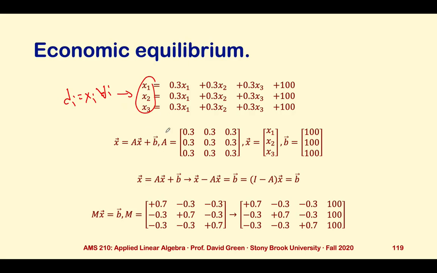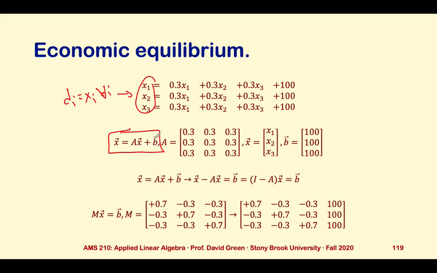I could write this in a matrix notation, define a variable vector x with x1, x2, x3, a right-hand side vector with 100, 100, 100, and a coefficient matrix of all 0.3s. But if we do that, we end up with a form that looks like this. x equals Ax plus b.